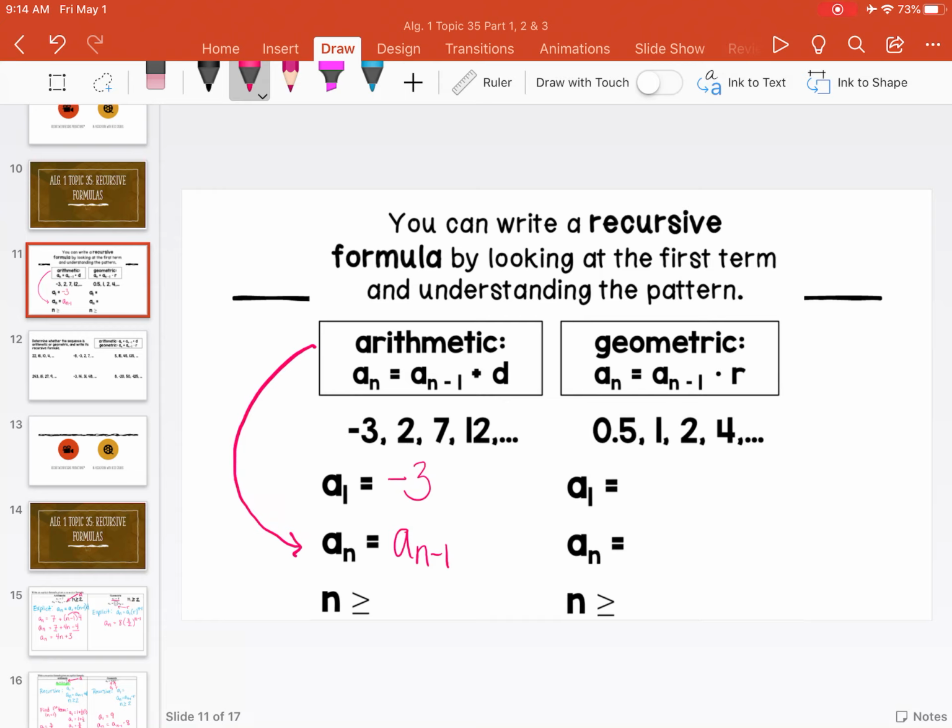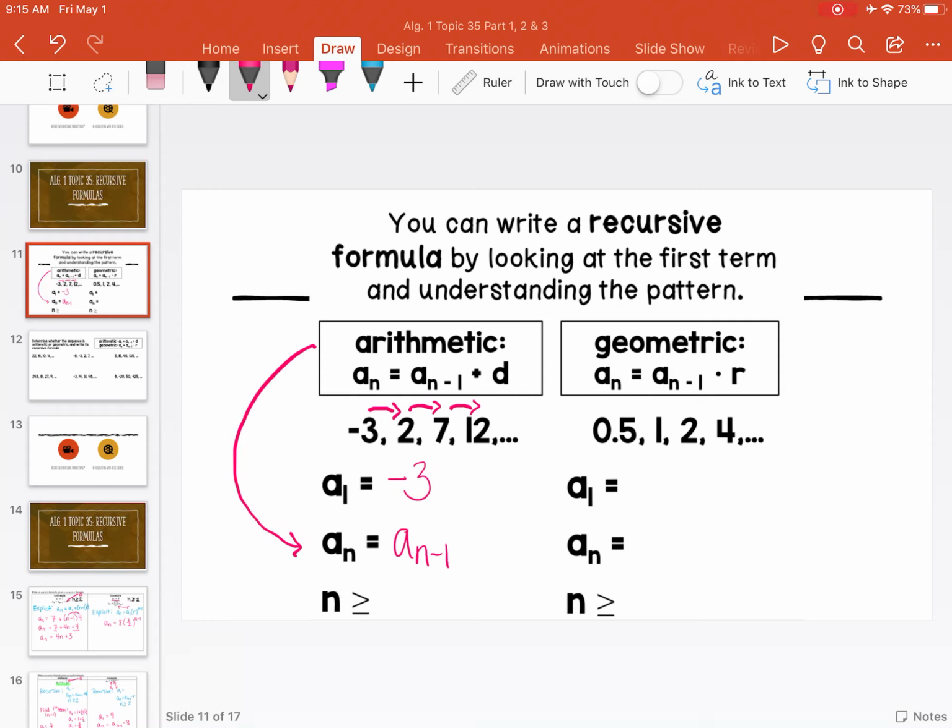So I need to look at my sequence and determine what is the common difference. How do I get from -3 to 2, from 2 to 7, from 7 to 12? And it's common because it's consistent between all of these numbers. We're jumping the same amount of steps on the number line.